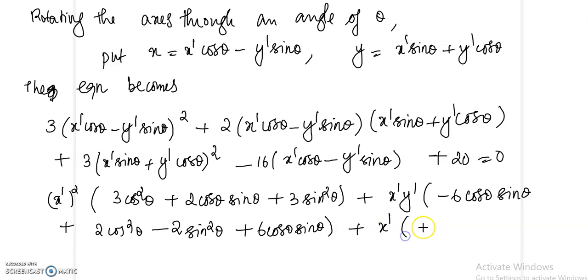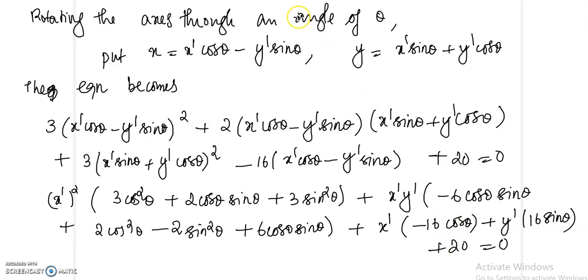Then the coefficient of x dash will be minus 16 cos theta, then the coefficient of y dash is 16 sin theta, plus 20 equal to 0. So we'll choose theta such that the coefficient of x dash y dash is equal to 0.